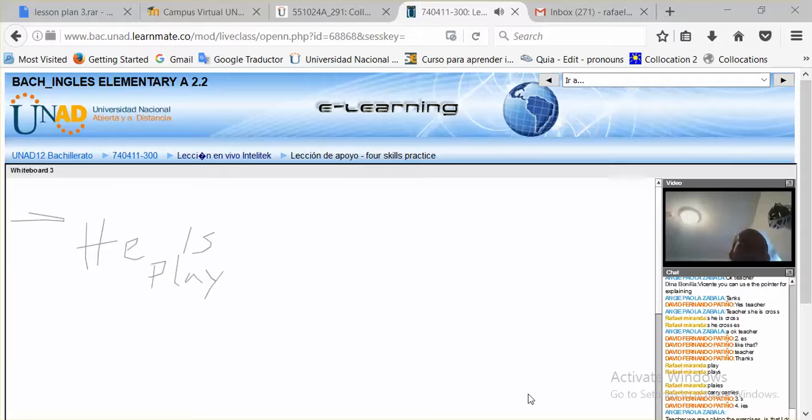That is a mistake. You don't have to mix the verb to be in this case. We are only talking about simple present with verbs different from to be. So in this case you have to omit the is and write the s on the verb. He plays. You only have to do it like that, like the example.